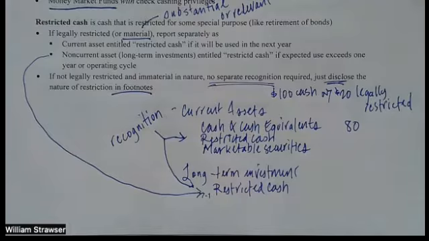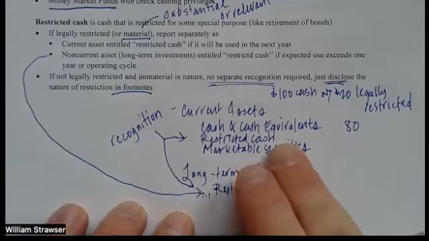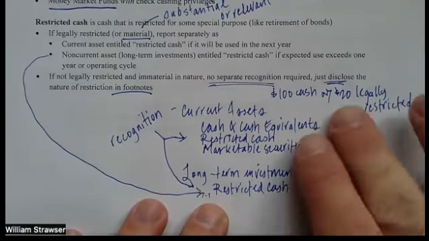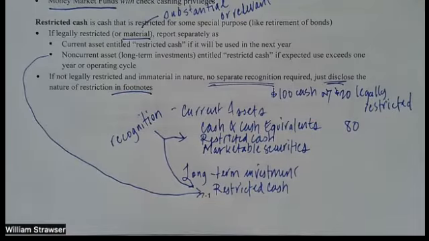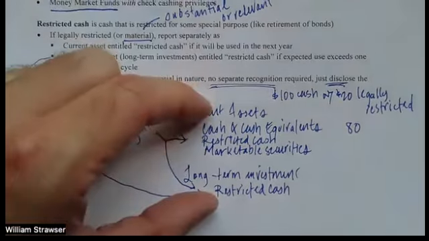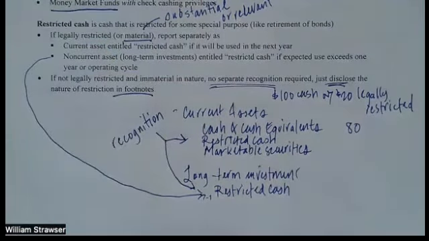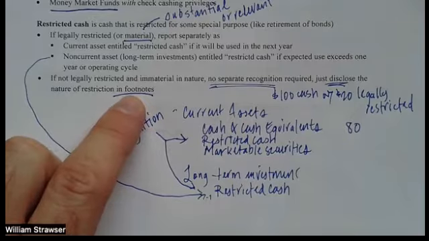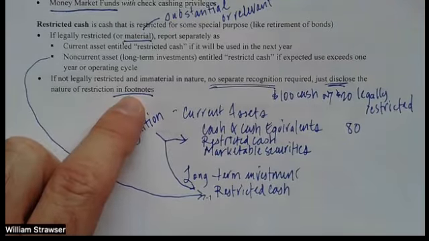Typically, if we're being extremely technical, when we say we recognize something, that means that we're changing the financial statements, either how it's organized, how it's listed, or the numbers quantitatively, what numbers we report. When we just disclose something, that doesn't necessarily mean financial statement changes. It more technically means we're altering footnotes to the financial statements.